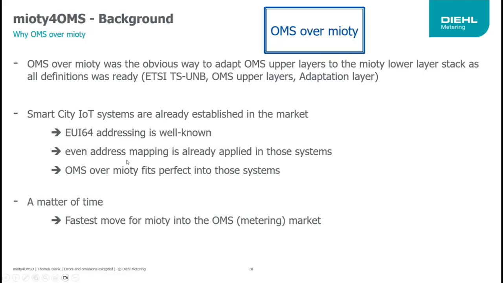And even this address mapping is probably already applied in those systems and not a big issue for them. So as said, OMS over mioty fits perfect into those systems. And in 2021 it was also a matter of time to get into the market with mioty in the metering business, as just using the ETSI definition and the OMS upper layers, put together, was a fast way forward to get into the market quite fast.